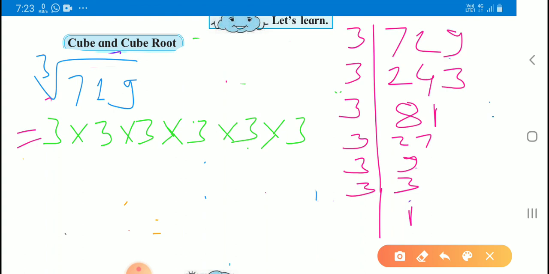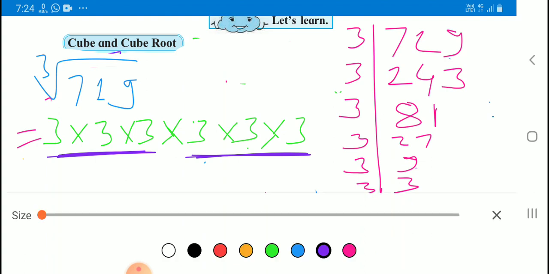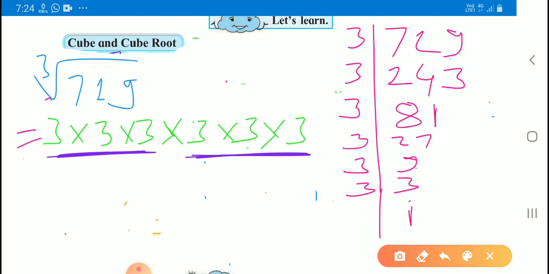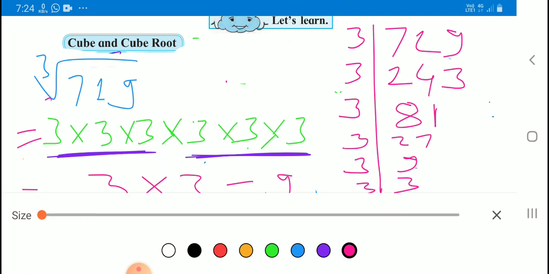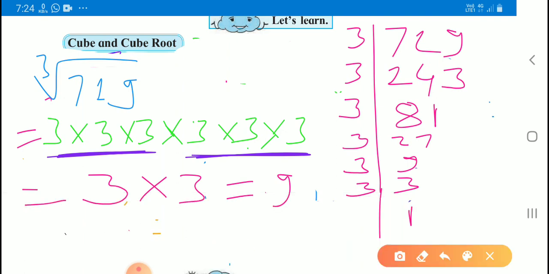So you have to make the group of 3 numbers. So here this is first group and this one second group. Now it's equal to, one time just only we have to write this number. 3 times one group and 3 times. So 3 3s are 9. So your answer is cube root of 729 is equal to 9.